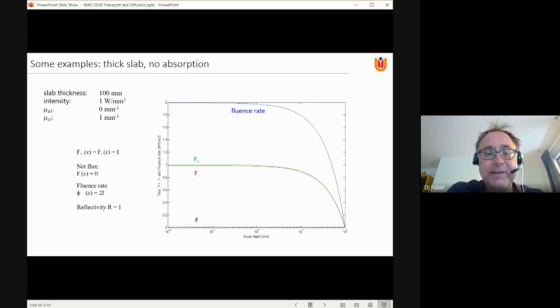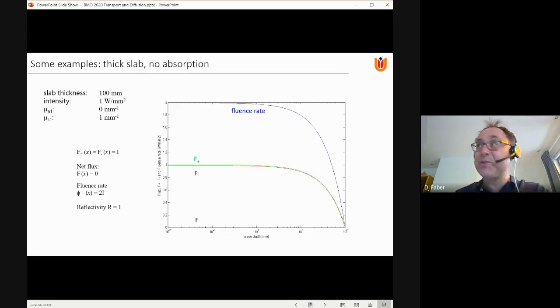The same thing holds for the flux in the positive direction. The horizontal axis is on a logarithmic scale now, so the most left-hand side would be just below the surface. The flux in the positive direction at the surface is equal to the incident intensity, I0. Also, the flux in the negative direction at the other end of the sample is equal to 0.